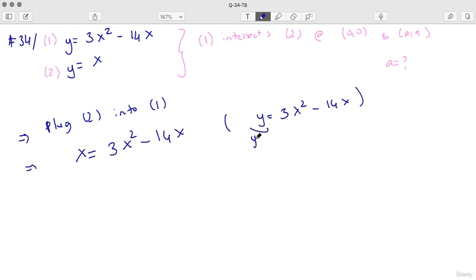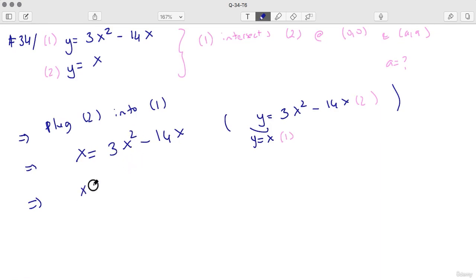I'm just plugging in y equals x, which is my second equation, into my first equation. From here we are going to solve for the x's that satisfy this. Note there are two x's because it's second degree.